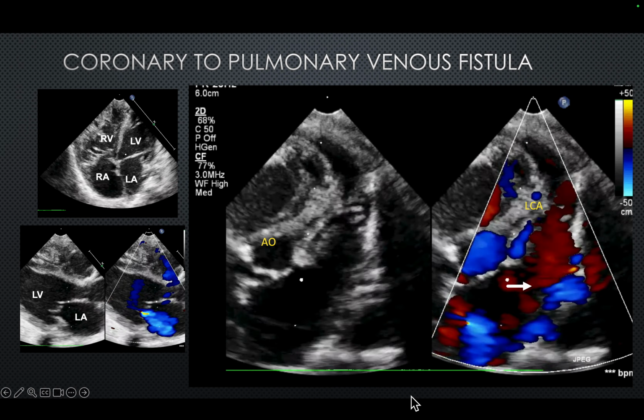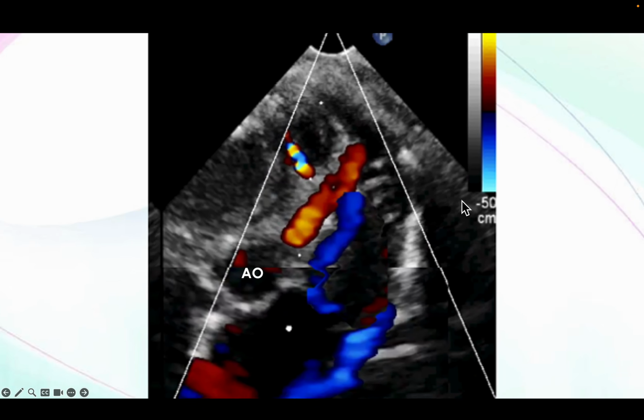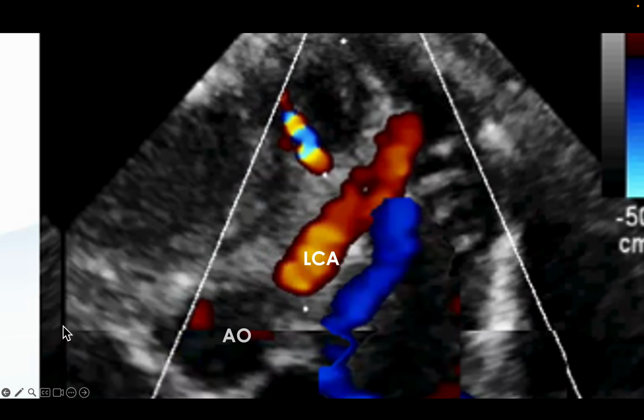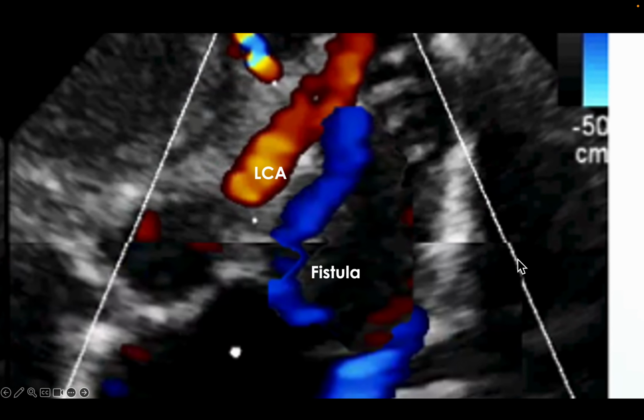Sounds complex, but let me give you a step by step. So first step, aorta, now the coronary artery. So that's the left coronary artery, LAD, and then the next step is, you see this is a kind of a looping down of the fistula.